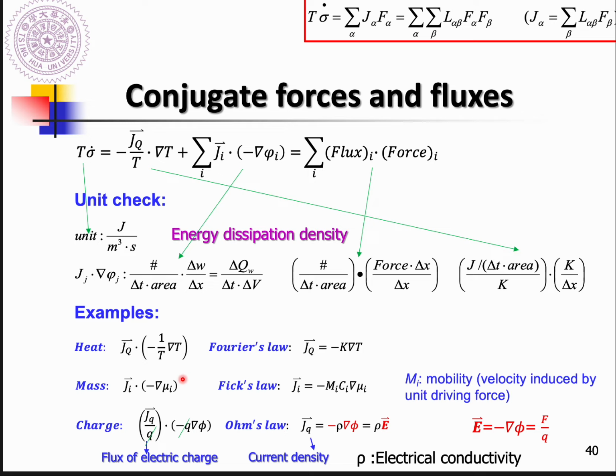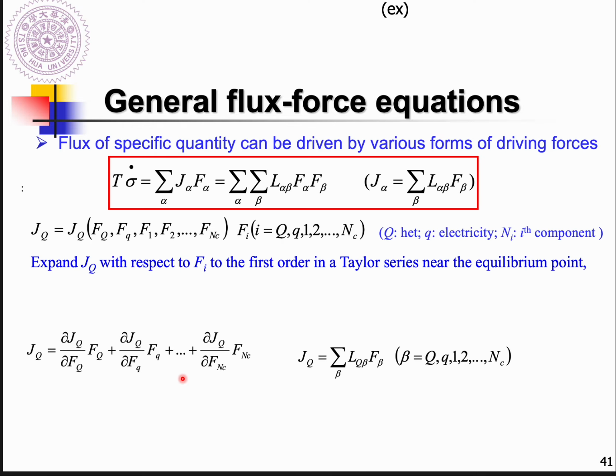Okay, so this is the case when we know there are some driving forces applied on your material of interest. But don't forget we showed you this equation before, right?